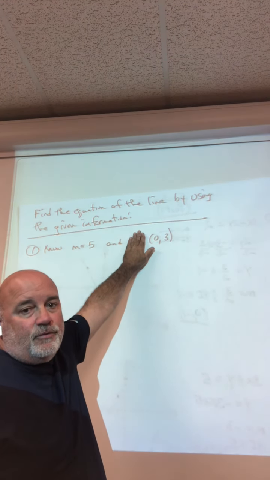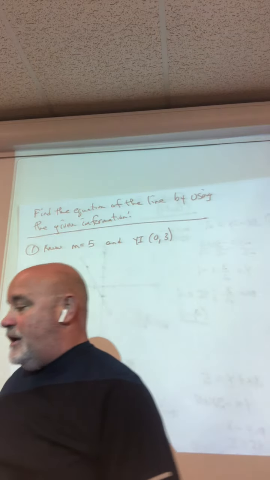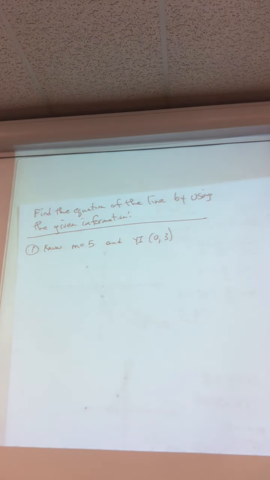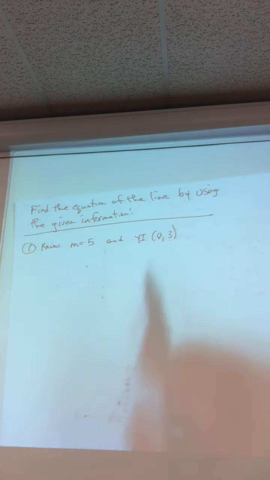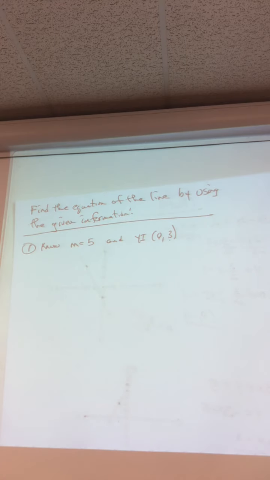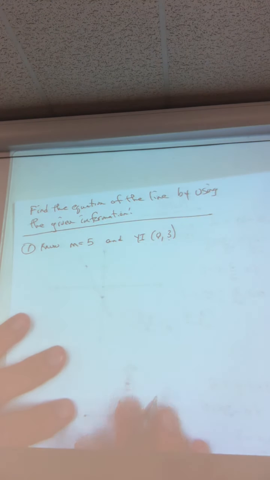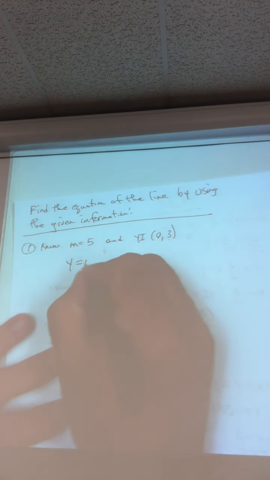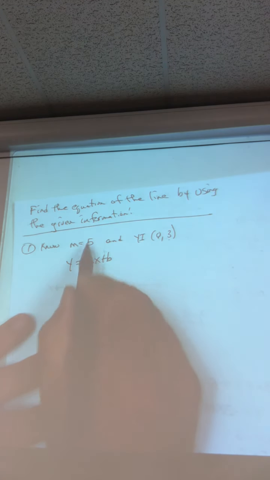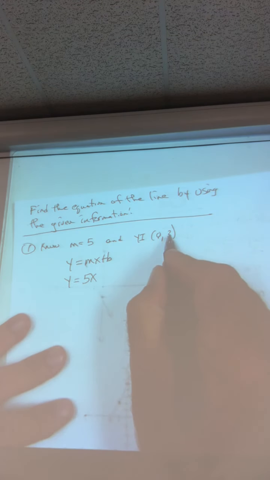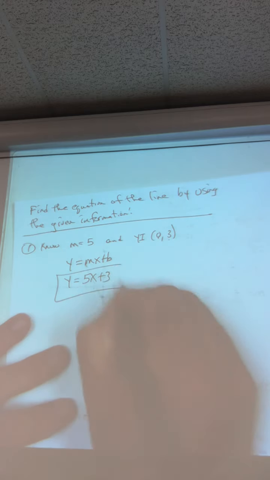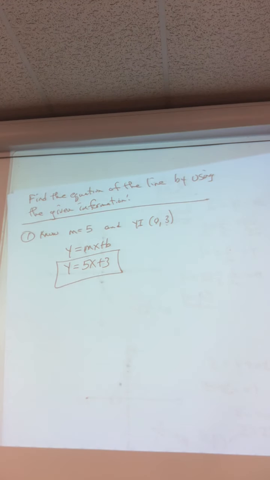If I just wrote (0, 3), you automatically should know that that's the y-intercept. Why should you know that? Because in the ordered pair, if the first number is 0, that point is on the y-axis. But here's all we have to do. y equals mx plus b. m is 5. b is that 3 right there. And that's it. That is the equation of your line right there.